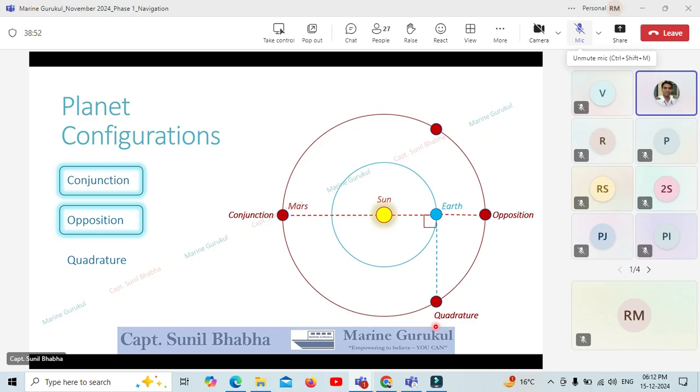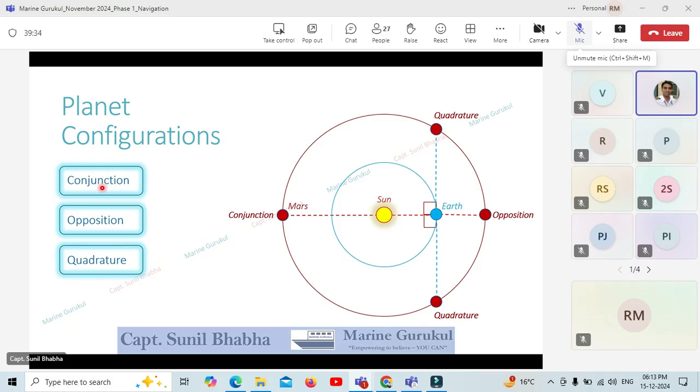So this is the planet Mars in quadrature. The direction in which the planet Mars is, is 90 degrees away from the direction in which the sun is. Now there is another possibility of quadrature. If the planet Mars at a particular instant reaches this location in the diagram, you can follow the laser pointer. At this particular location also, the direction in which the planet is, is at right angles to the direction of the sun. So it tells us that this particular planet is in quadrature with the sun.